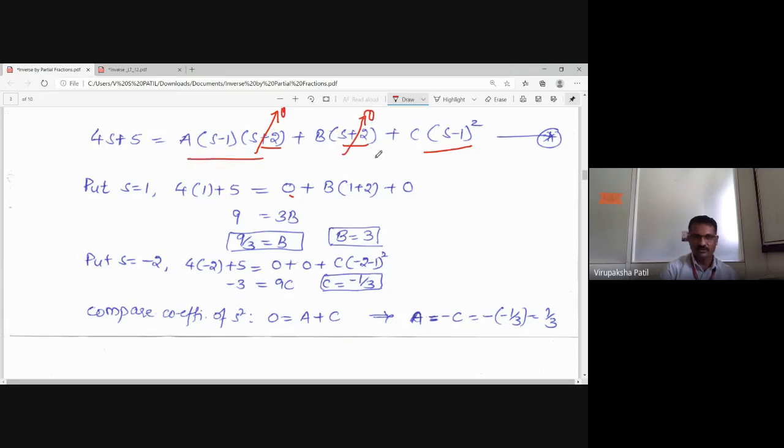So these two terms will directly become 0. So you will get c into this term. 4 into minus 2 plus 5 is equal to, this is 0, this is 0, c into (minus 2 minus 1) whole square. Minus 2 minus 1 is minus 3. Minus 3 whole square means you will get 9.